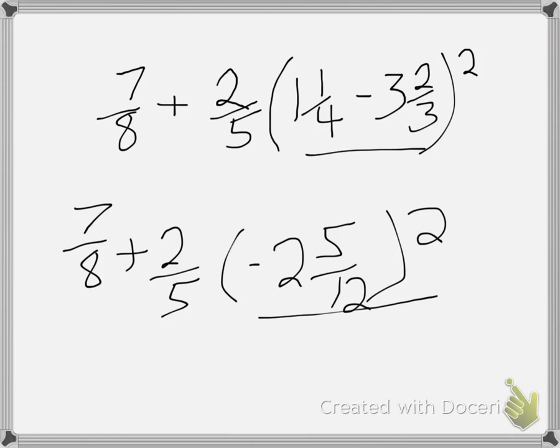You have the store button, so you can store things in your memory. All right, we'll just type in -2 and 5/12. That's what I would do, and it would say -2 5/12.